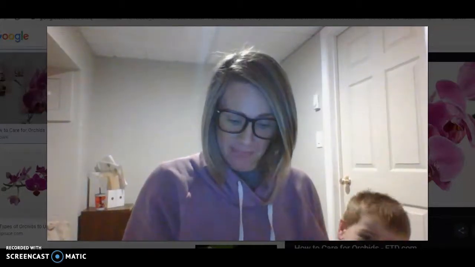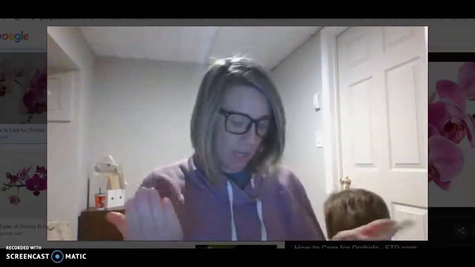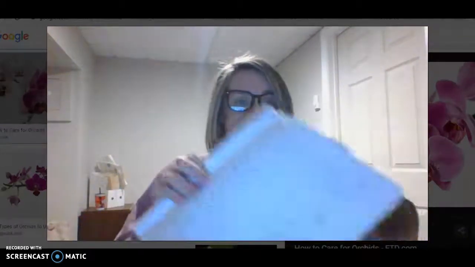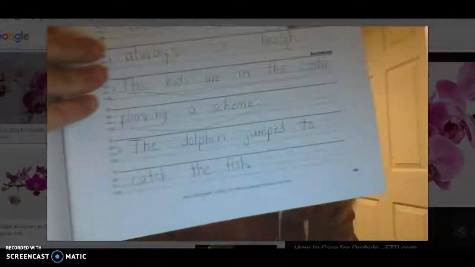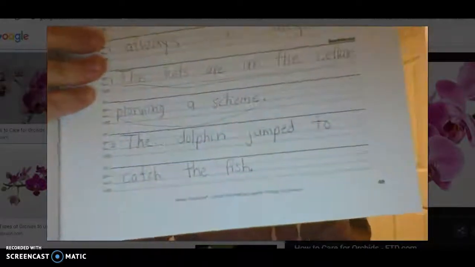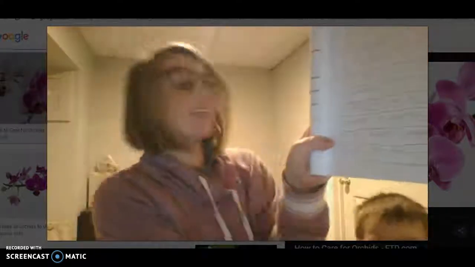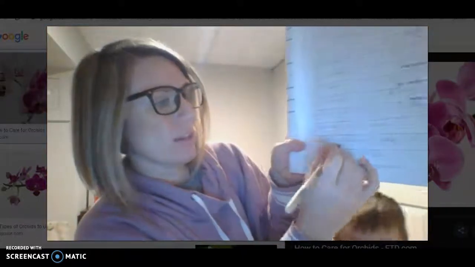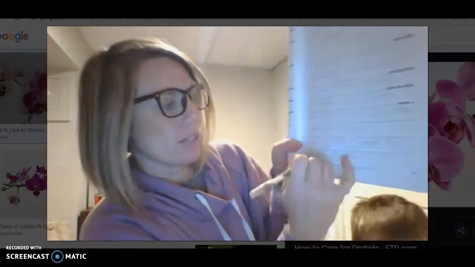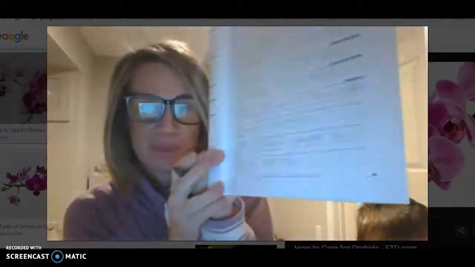Okay, you're all done. Check over jumped, check dolphin, and check catch. And check it with mine. How's your spelling? The dolphin jumped to catch the fish. Okay, very last thing, scoop it and read it smoothly. The dolphin jumped to catch the fish. Read it smoothly.